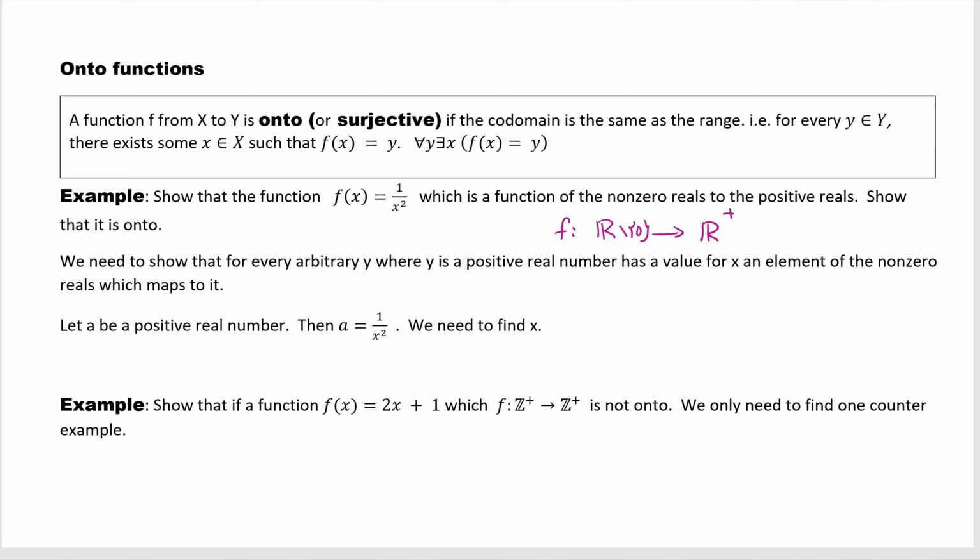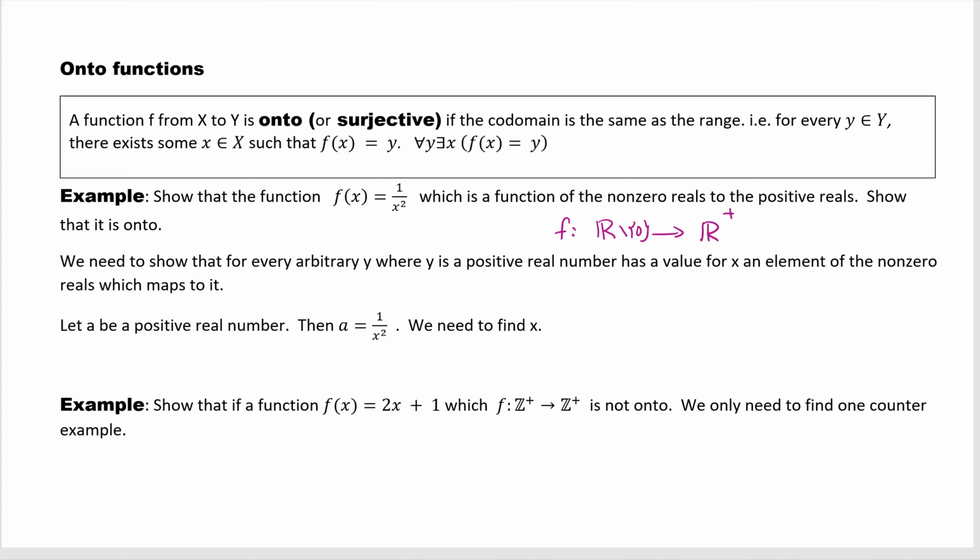We need to show that for every arbitrary y, where y is a positive real number, suppose y is any element in the codomain, we want to find an x, an element of the non-zero reals, which maps to it.